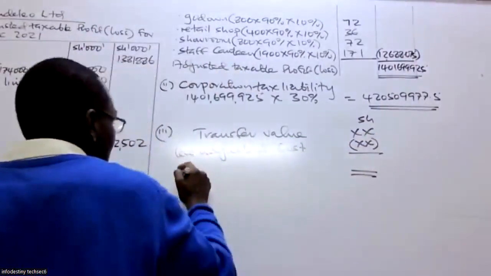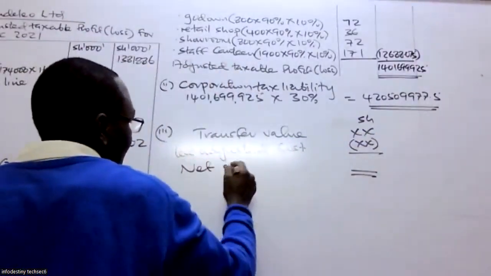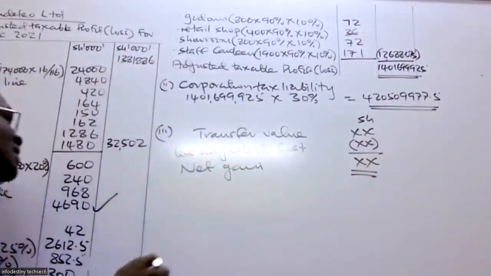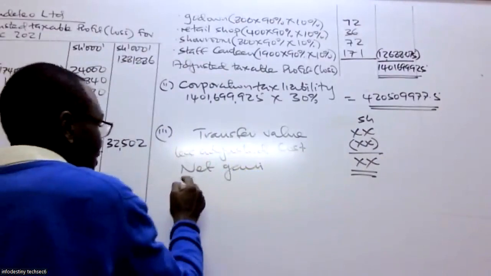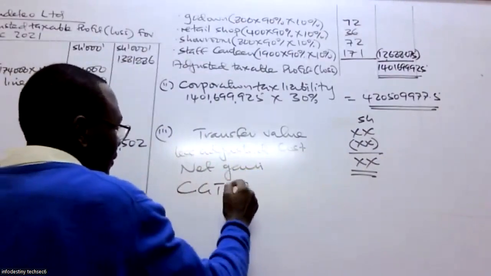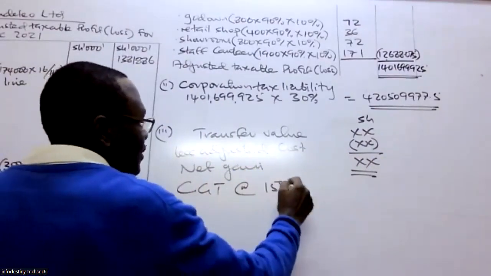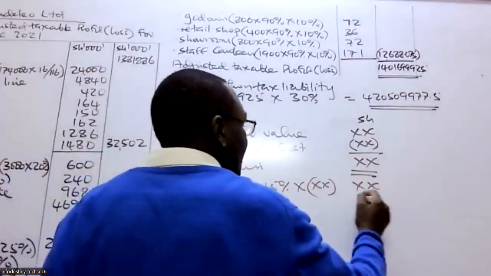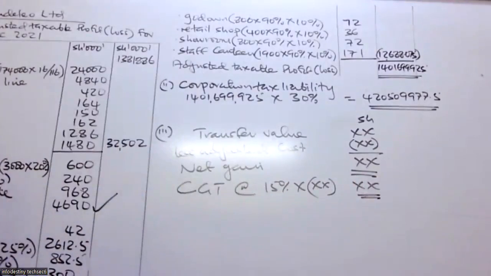The difference is what you call net gain. Then capital gains tax is charged currently at 15% of the net gain, to get tax. So that's what we will do.